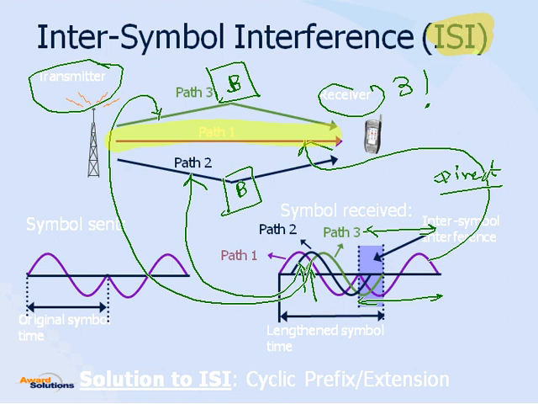So basically, when we look at the current symbol, delayed copies of the previous symbol will start causing interference, and of course that is inter-symbol interference. Different technologies have different ways of dealing with inter-symbol interference. Okay. So multipaths will cause that, right?